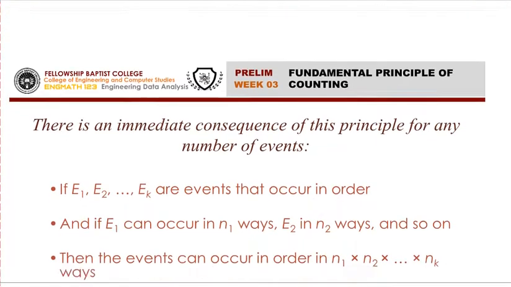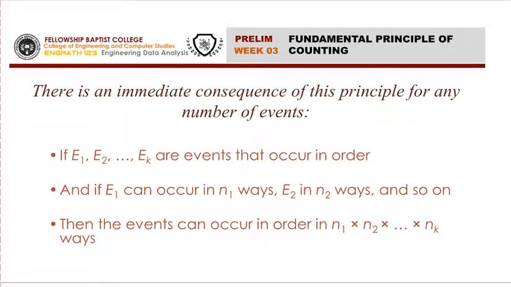Okay, so there is an immediate consequence of this principle, for any number of events. Since what is needed is that they are in order, or they have specific branches and then sub-branches again.